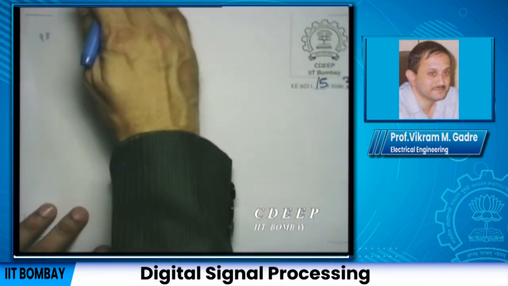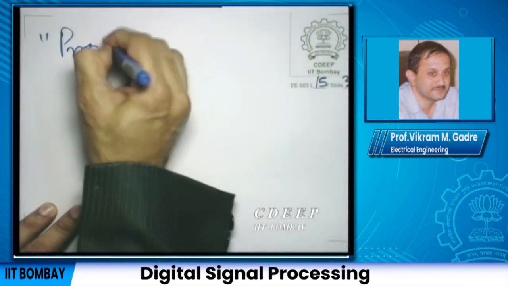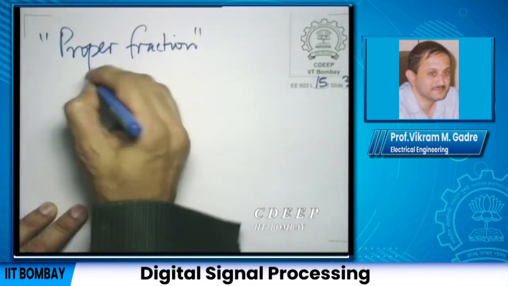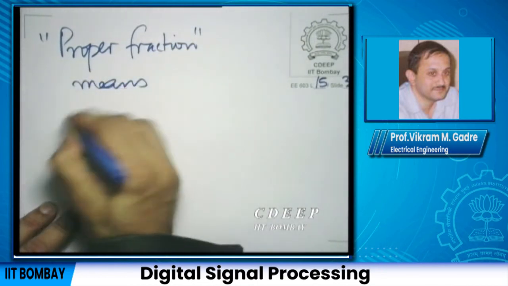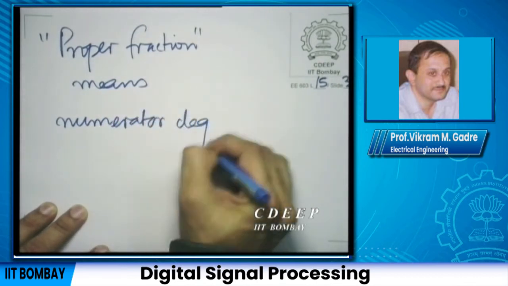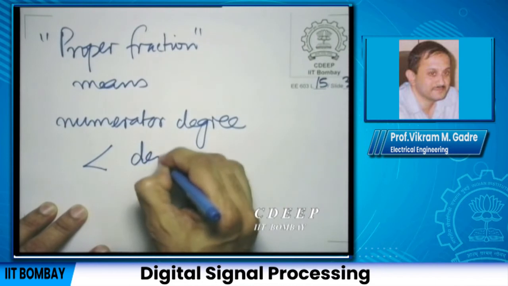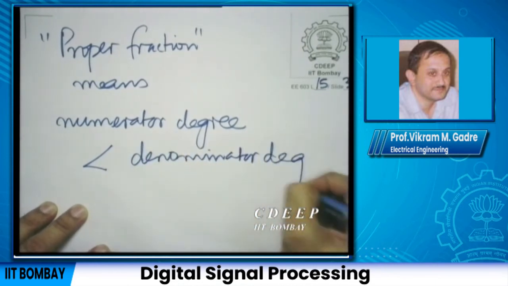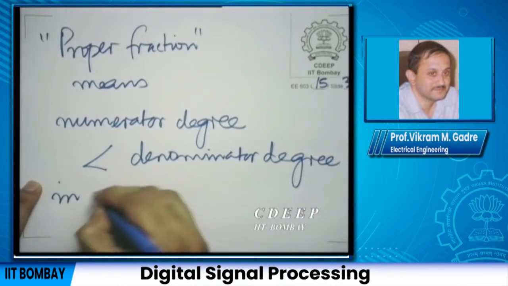So, let us write down. Proper fraction means numerator degree strictly less than the denominator degree in the variable of consideration.